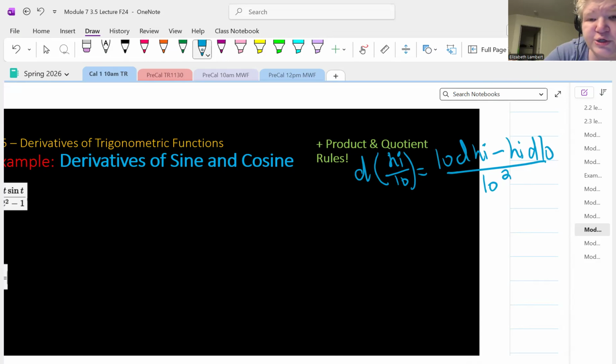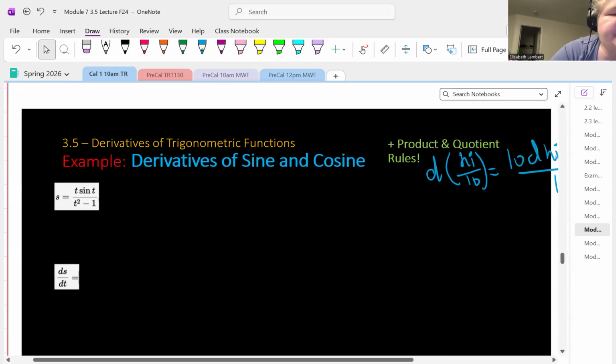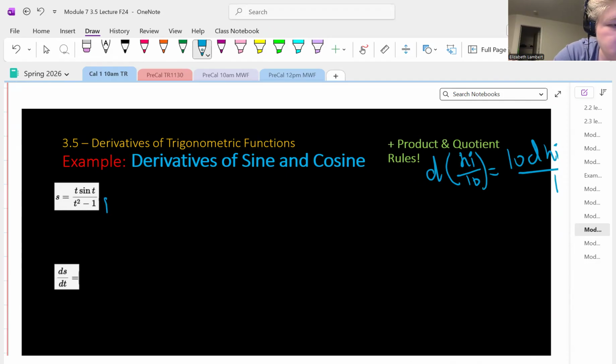So our quotient rule starts with our low function times the derivative of the high function. So right now, I'm just going to write in the pieces with the d's that say do the derivative. So this is s, this is low, this is high. So our derivative of s with respect to t, that's what ds dt is. That is just a shorthand for s prime.